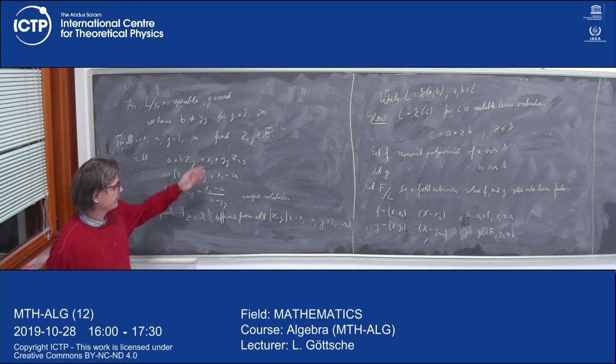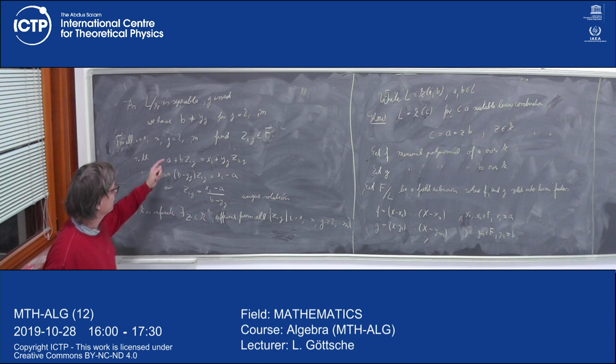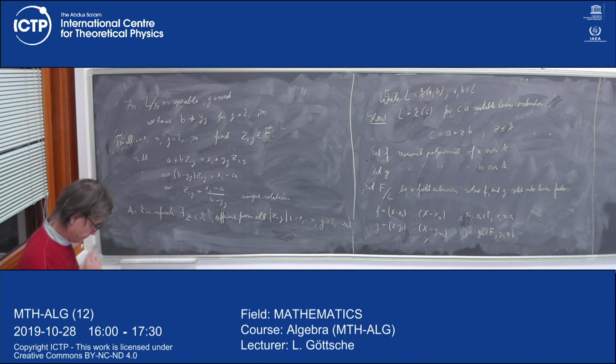For all we know, they might not even be in K, but if they are, we only have to exclude these finitely many ones. And then this equation will not hold. We take any such z.